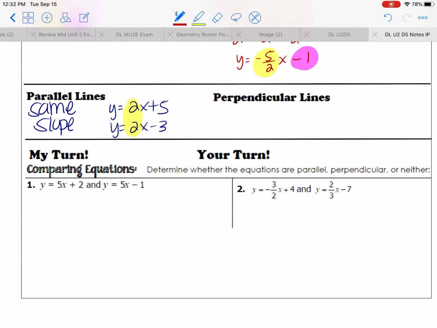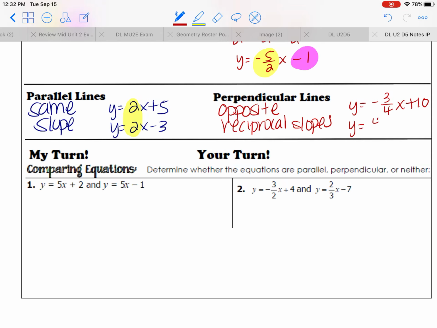Now, perpendicular lines are going to have opposite reciprocal slopes. So y equals negative 3/4 of x plus 10, and y equals 4/3 of x plus 2. So all we care about is that slope. And remember, opposite reciprocals is nothing else but flip the fraction and change the sign.